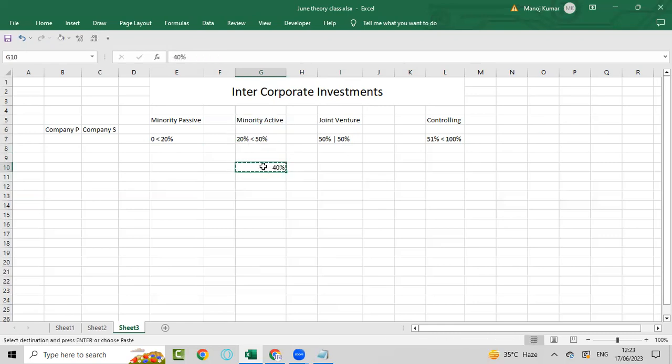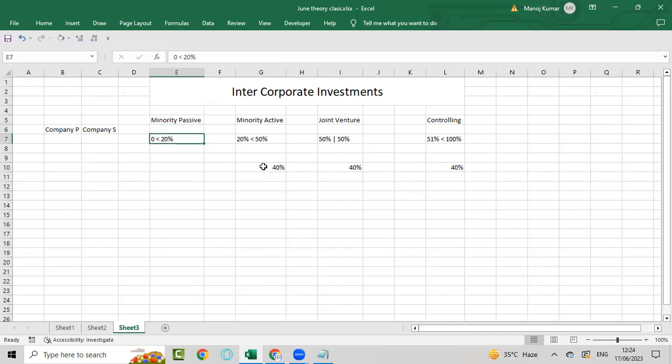But it can be a joint venture also. The joint venture is of 40-60%, it is possible, right? Now you have, let's suppose 40% stake, it can be controlling also. Because you have 40%, the remaining 60% is divided among 60 people. So everyone has 1 or 2% only. So who is actually controlling it? The person who is holding the 40% stake.